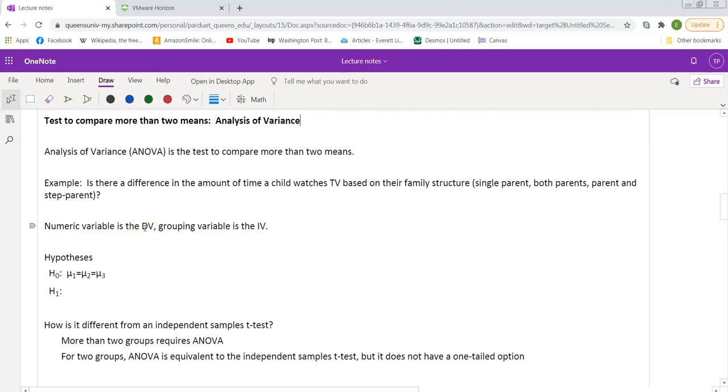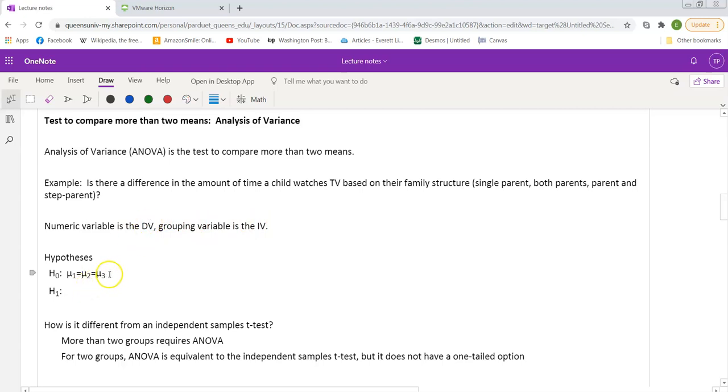So we want to use the group to predict, in this case, the amount of time a child spends watching TV per week. This may seem a little bit esoteric for now, but later on, I think this gets to be more helpful in understanding what these analyses are doing.